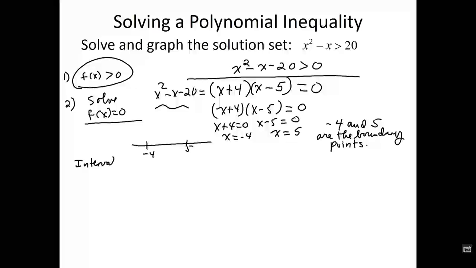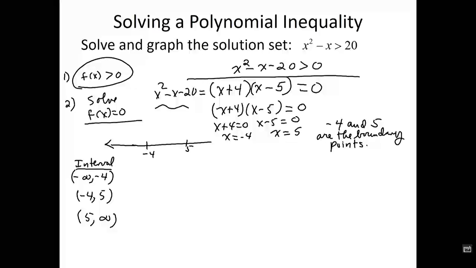The first interval is going to be all numbers less than negative 4, so we have minus infinity to negative 4. And we have from negative 4 to 5, and the interval from 5 to infinity.